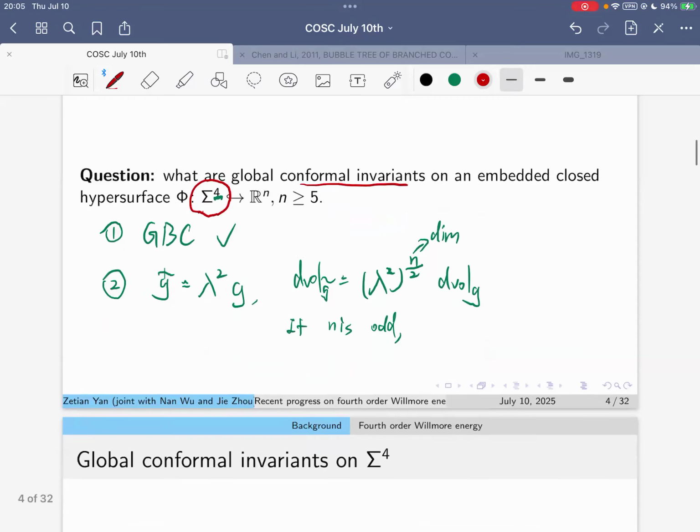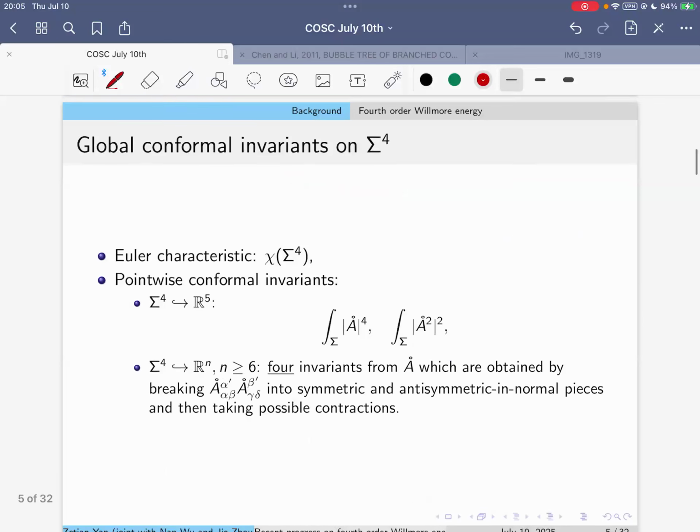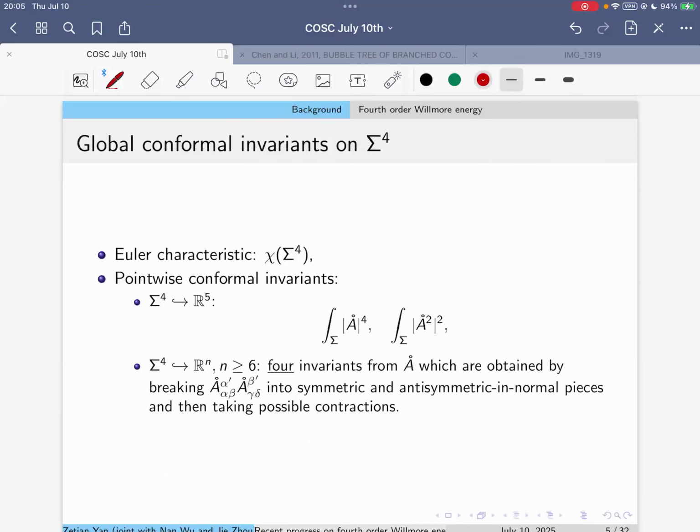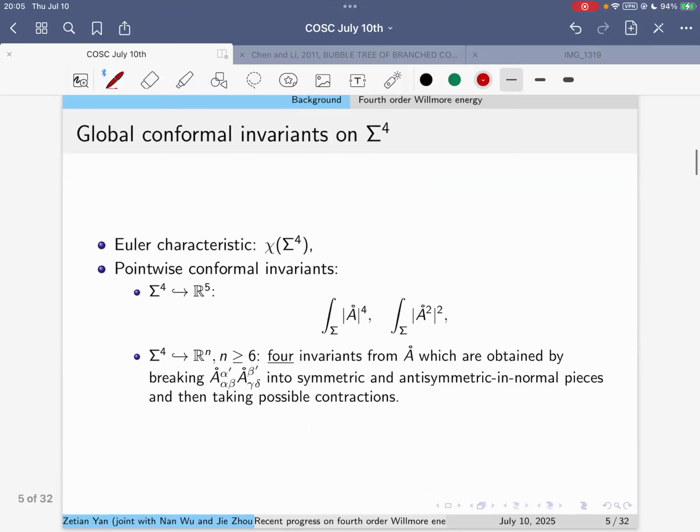Okay, and the answer of this question, I would like to split it into two parts. First, I call it several trivial global conformal invariants. As I said before, right now we have the Euler characteristic, right? So it's exactly a topological invariant. Of course, it's invariant under conformal transformations.